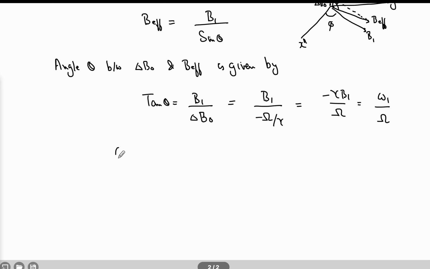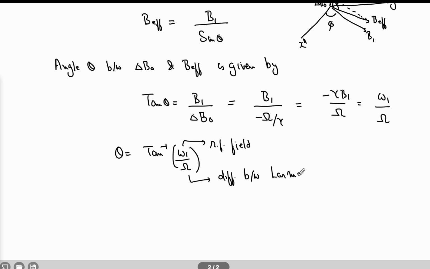So thus theta can be written as tan inverse of omega 1 by offset, where omega 1 is the RF field in terms of frequency units, of course radians per second, and offset is the difference between Larmor frequency and transmitter frequency. Right, so that should be very, very clear.